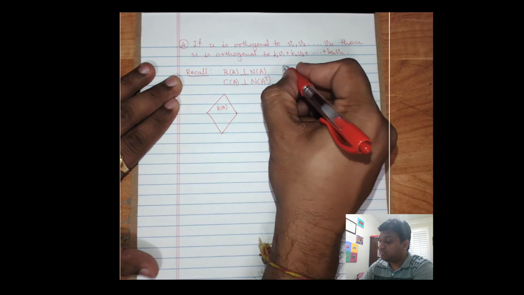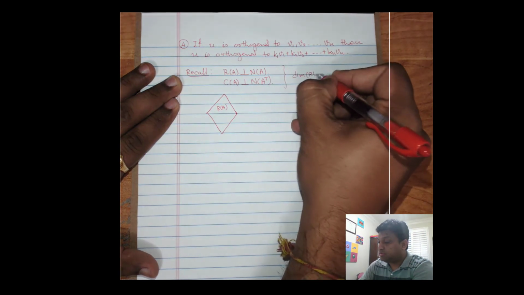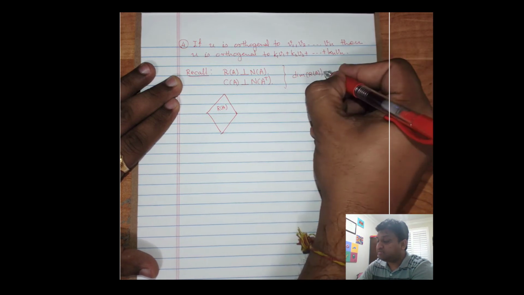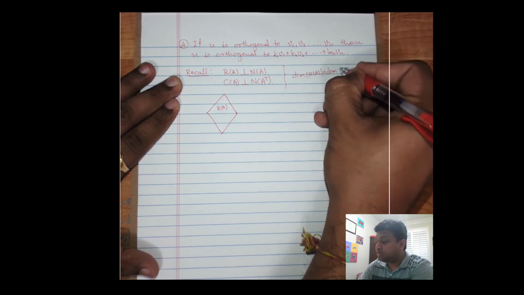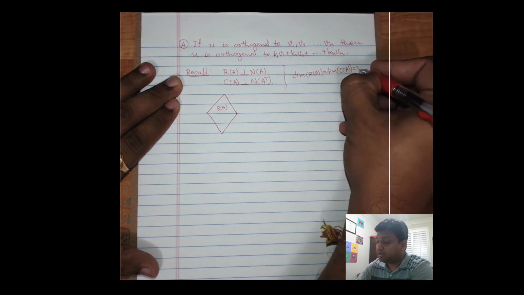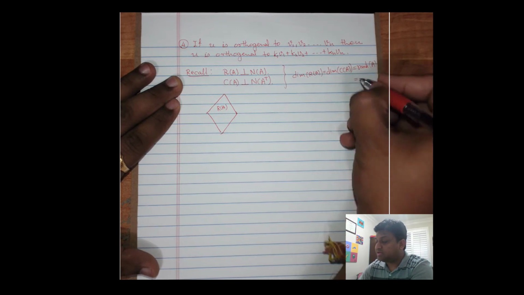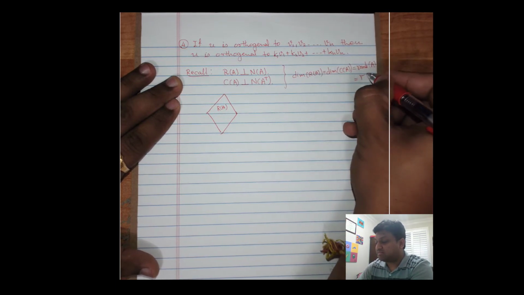We know that the dimension of the row space and the dimension of the column space are the same, and we call it the rank of A. Suppose these two dimensions are, let's say, r.